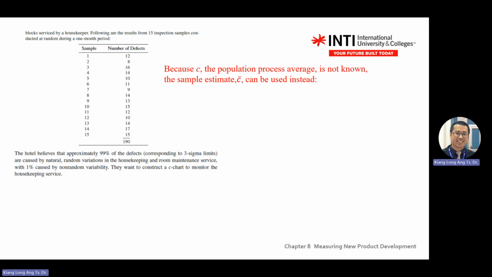There is a typo error here, it should be C bar, right? So C bar is the average value. It is not known, so the sample estimate C bar can be used instead. Because the population process average is not known, you can just estimate C bar by using 190 divided by 15 samples.